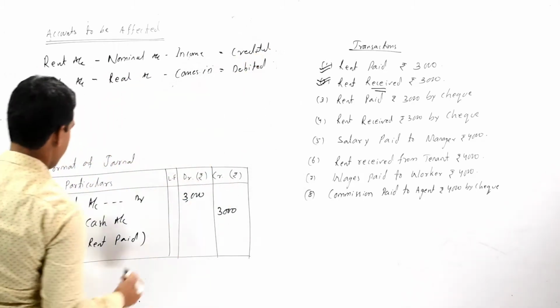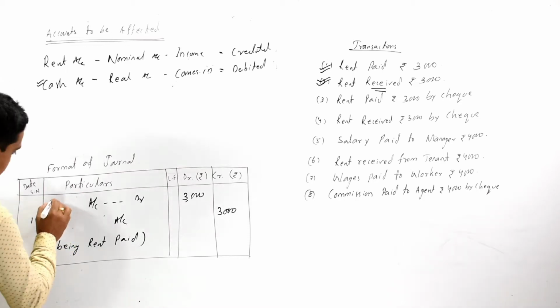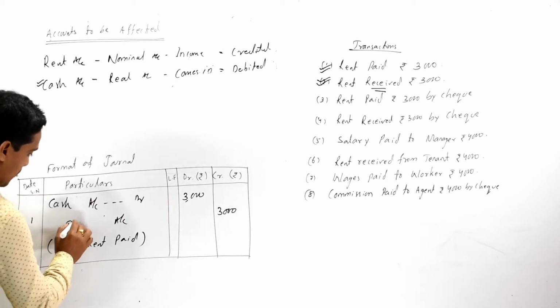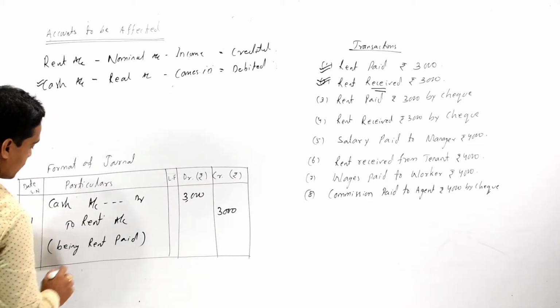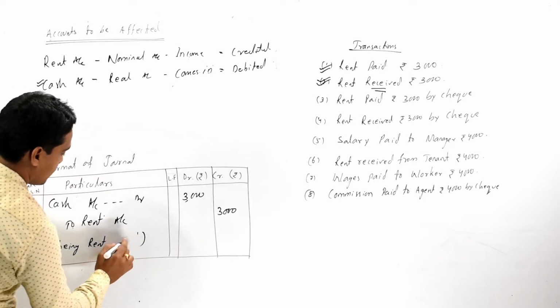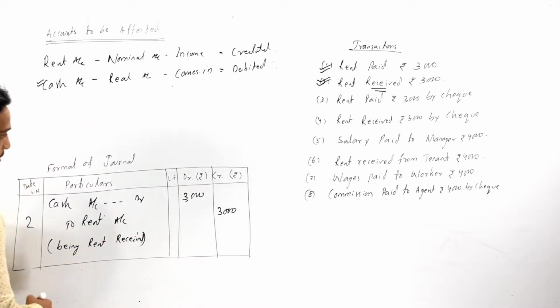So our journal entry should be cash account debit rupees 3000 to rent account, and our narration should be being rent received.